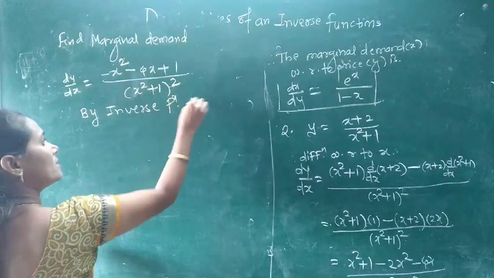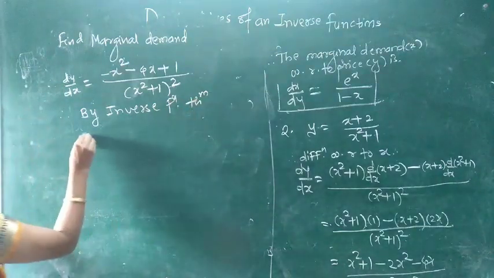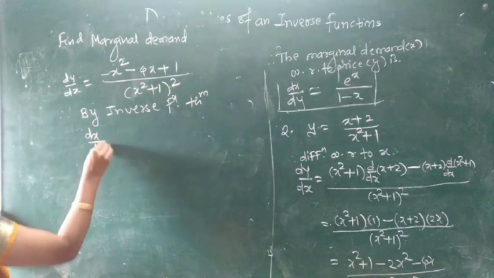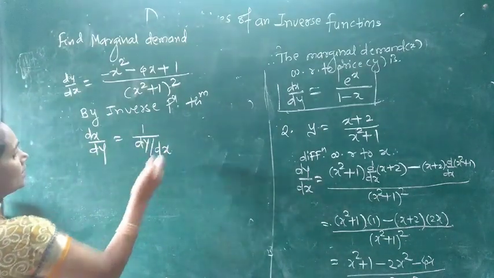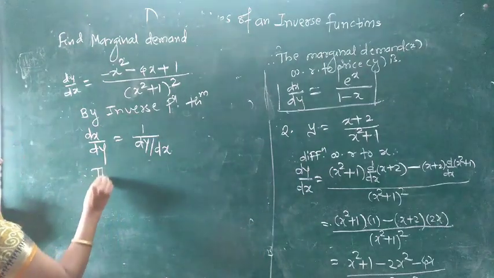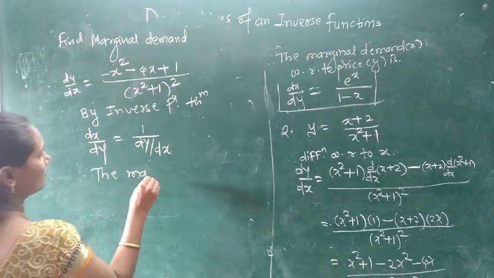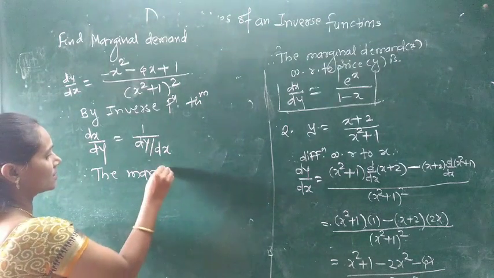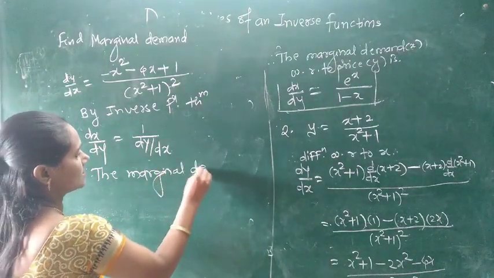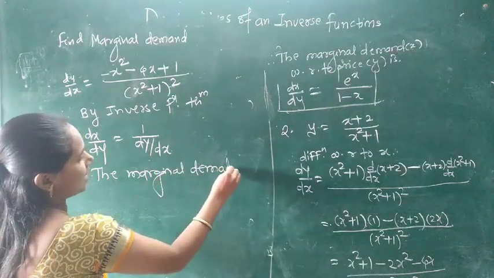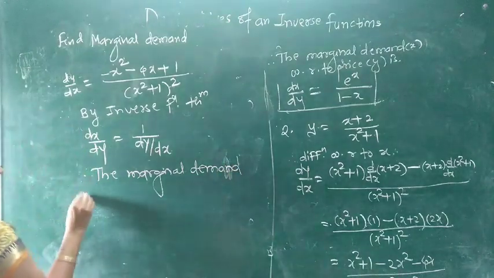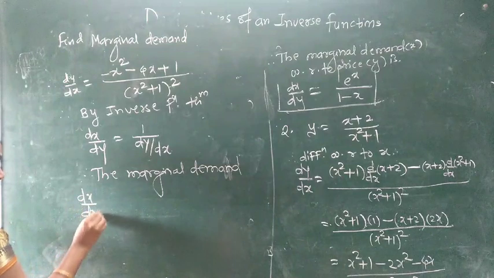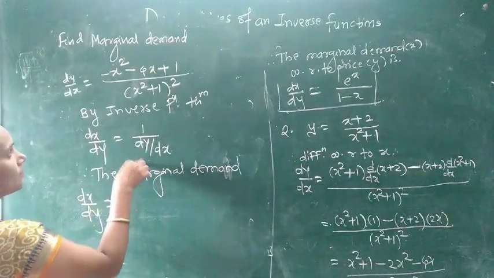By the inverse function theorem, dx upon dy is equal to 1 upon dy upon dx. Therefore, the marginal demand x with respect to price y is given by dx upon dy, which is equal to what? 1 upon dy by dx.